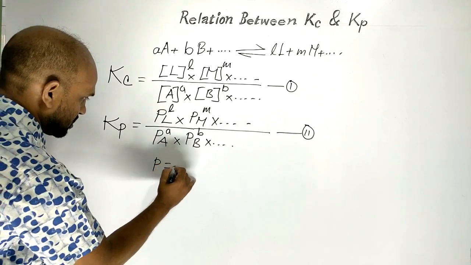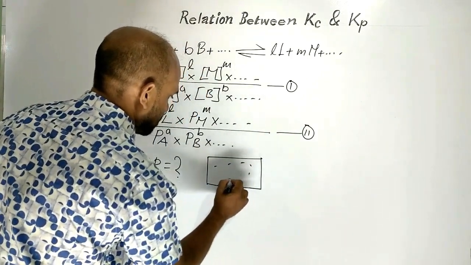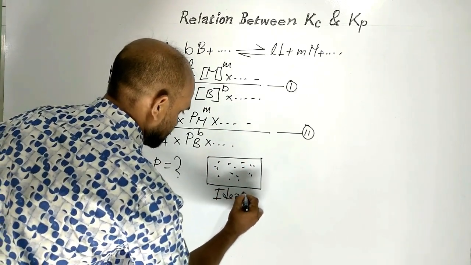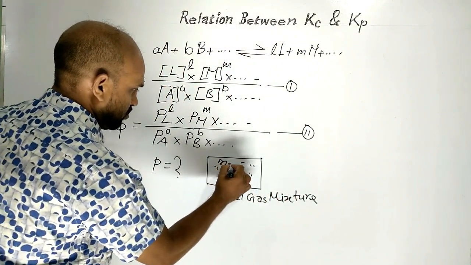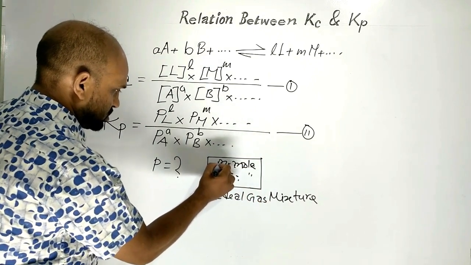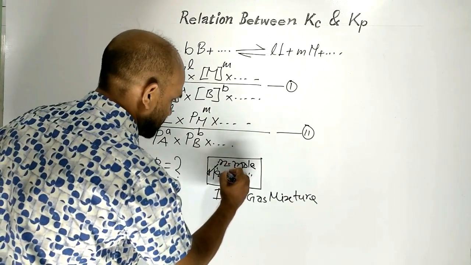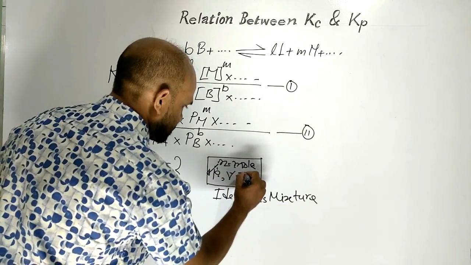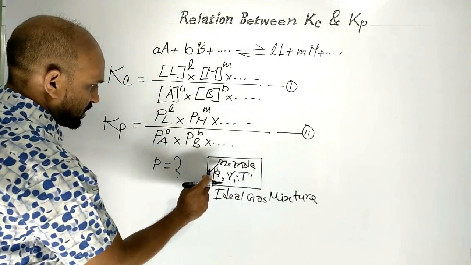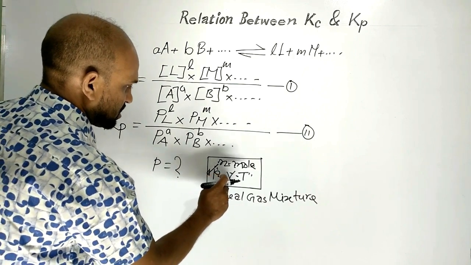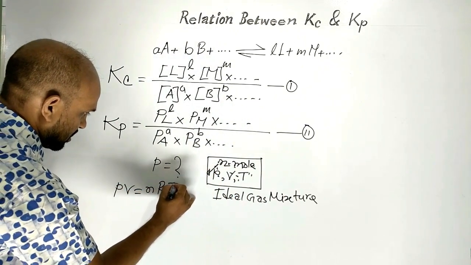Now, what can we write for P? Suppose this is an ideal gas mixture, in which n moles of a gas, whose partial pressure is P, occupies a volume V at a temperature T. Then we can write PV is equal to nRT.